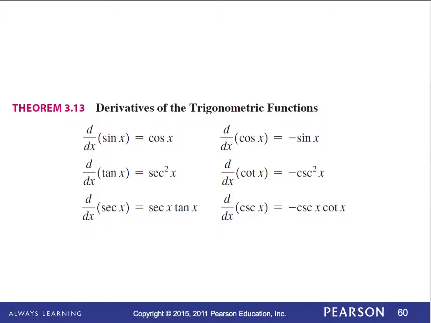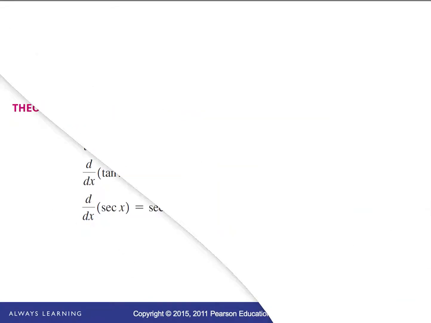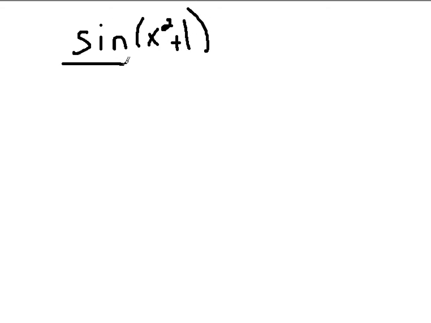Now let's look at how this applies to what we've been learning. If I'm working with a trig derivative, more often than not, we see it combined with a chain rule. So if I have something like this, the chain rule says we have to work from the outside in. Sine is what we consider to be the outside. So applying the chain rule, we're going to differentiate sine and recopy the inside, because remember, with the chain rule, when you're working from outside in, you differentiate one thing at a time.